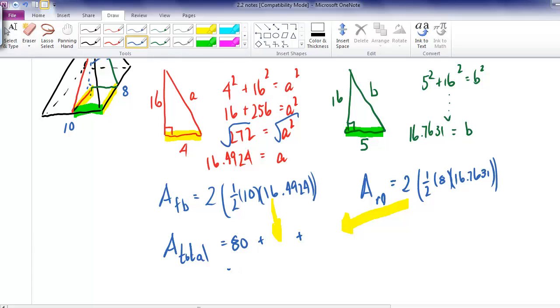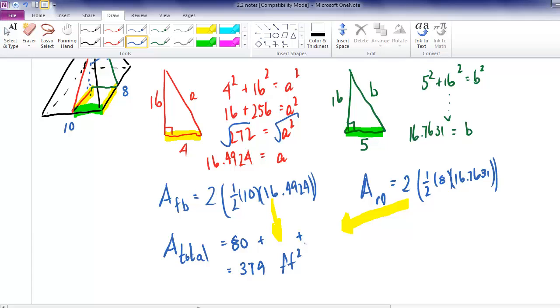And when you punch all those buttons on your calculator, to the nearest square foot, you get 379 square feet. So again, a relatively simple little problem that you have to be really, really careful with.